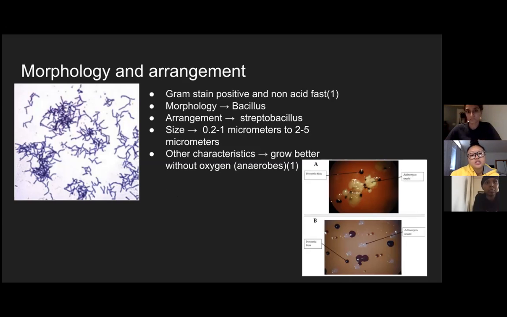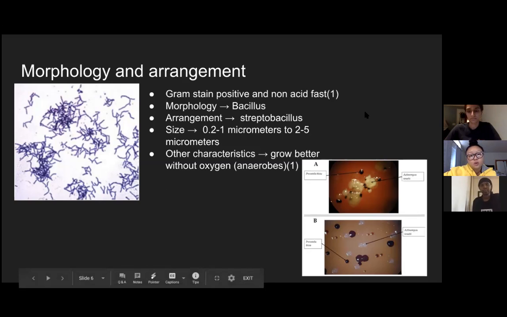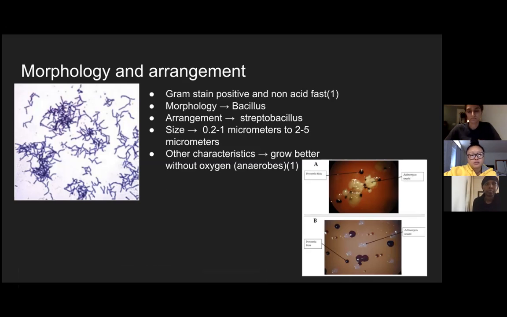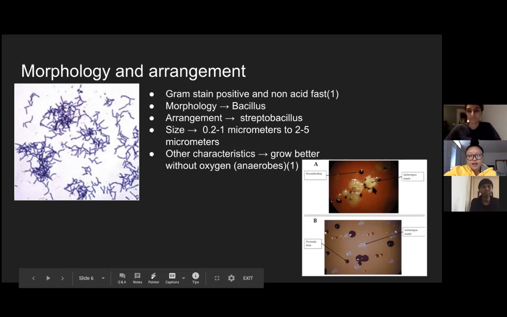The arrangement is streptobacillus, and the size ranges from 0.2 to 1 micrometers to about 2 to 5 micrometers at maximum. And also the Actinomyces is going to grow better without oxygen, meaning they're anaerobes. And if you look at the bottom right-hand side picture, you'll see that the Actinomyces is going to show more of a white plaque, tooth-like figure.